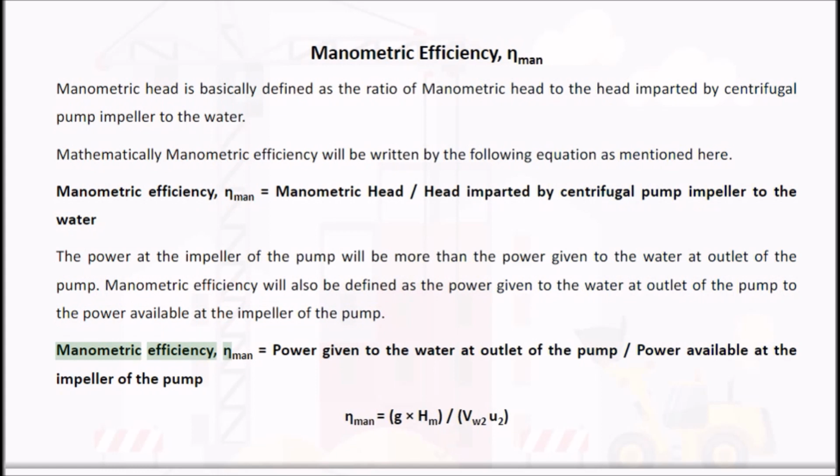Eta man equals power given to the water at outlet of the pump over power available at the impeller of the pump. Eta man equals g times Hm over Vw2 u2.